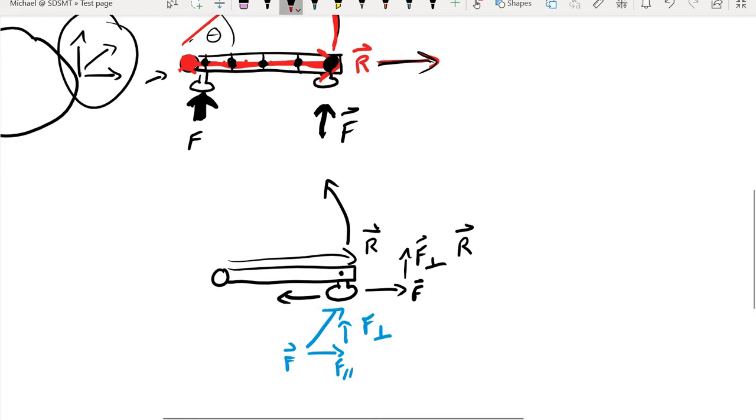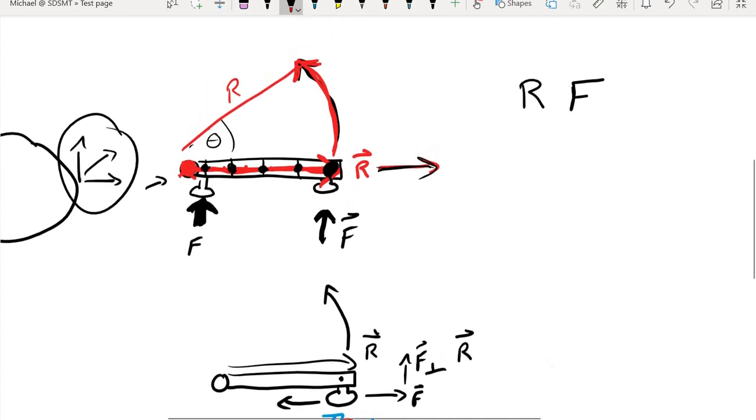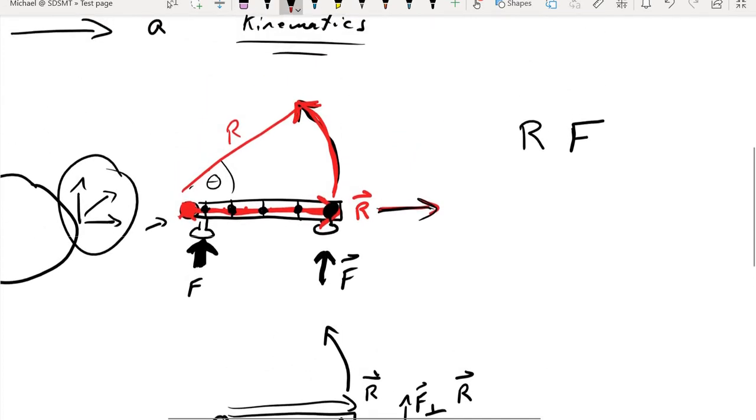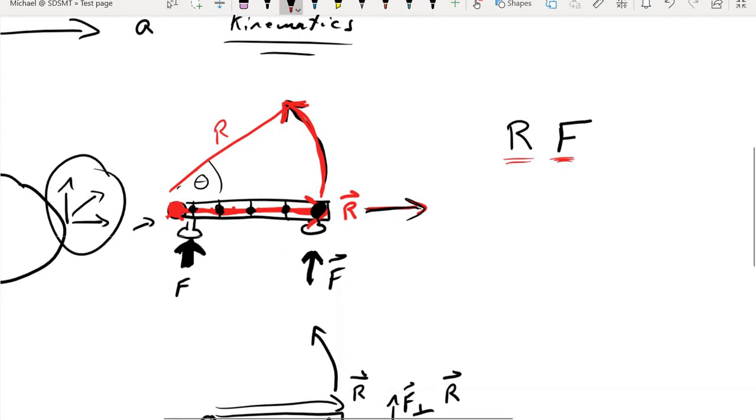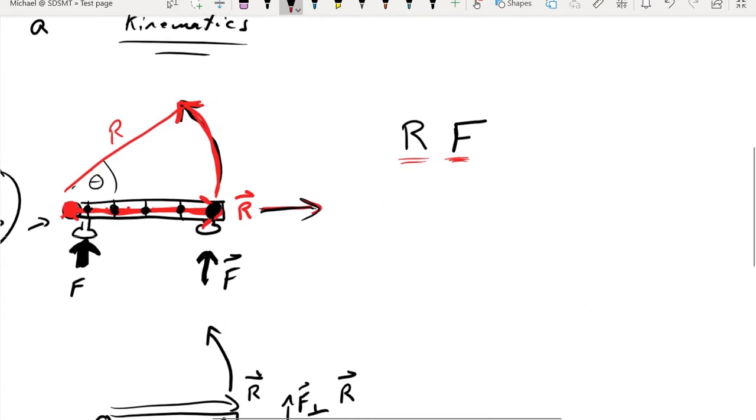And those parallel components are not going to contribute to any of the rotation in the system. Only that perpendicular component will. So how do we match up the value of the radial placement of the force, the magnitude of the force, and the angle relationship between these two vectors?